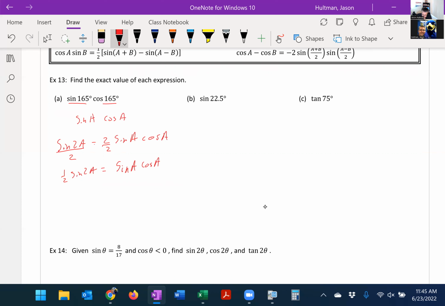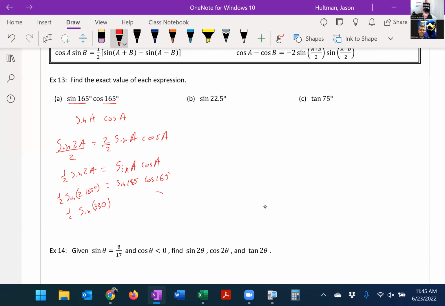So we have the sine of 165 cosine 165 should be equal to 1/2 the sine of 2 times 165, that's 330 degrees. So what's the sine of 330?